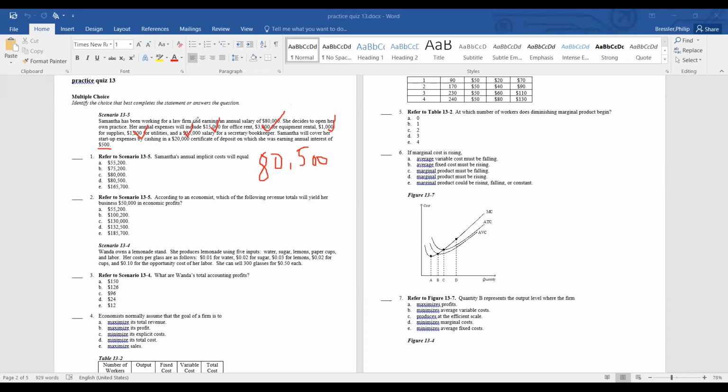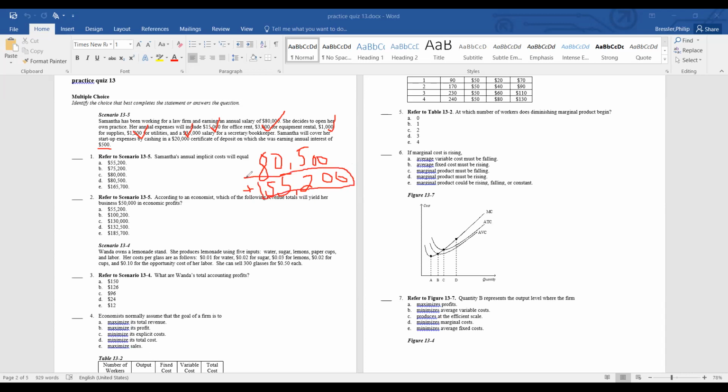Okay. When you add all those up, her explicit costs are 55,200. So if they ask you for her economic cost, you add these two up. If they just ask you for the accounting cost, you just take the 55,200.